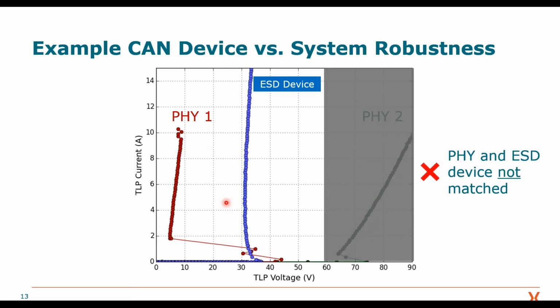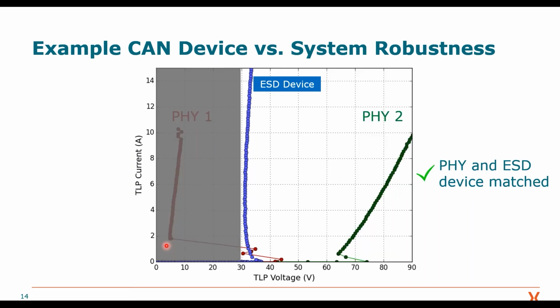And the answer is that if you're having this PHY here, the red line, the internal ESD protection of this PHY is clamping very low, and so taking also the entire energy of the pulse. And usually such PHYs are not built to be able to take all the energy, and will be damaged here for sure. But this combination is much better.